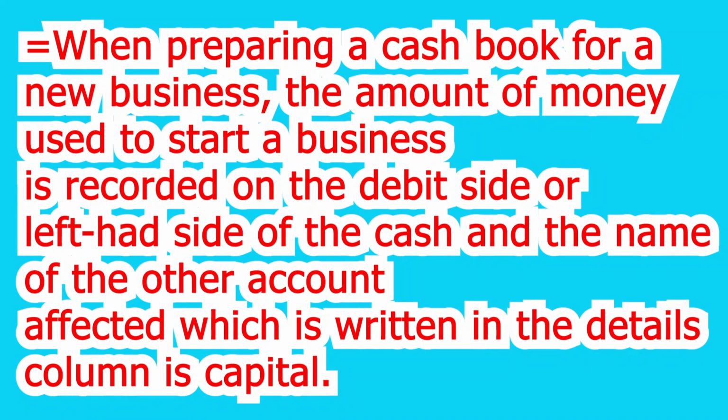Then, when preparing a cash book for a new business, the amount of money used to start the business is recorded on the debit side or left hand side of the cash book, and the name of the other account affected, which is written in the details column, is capital.